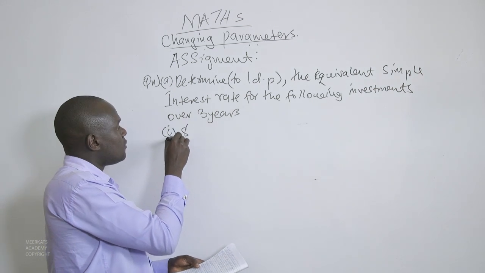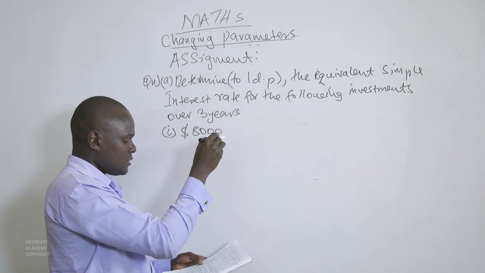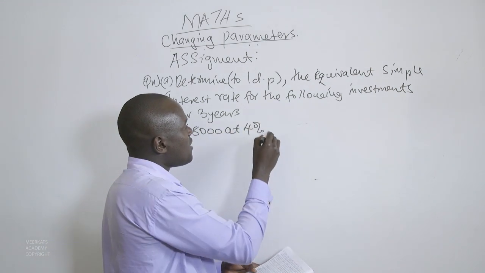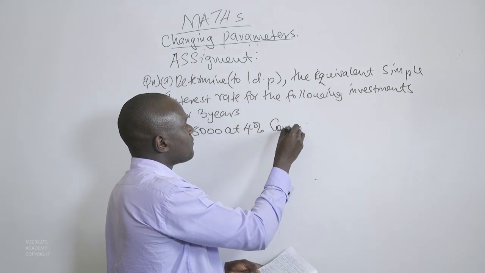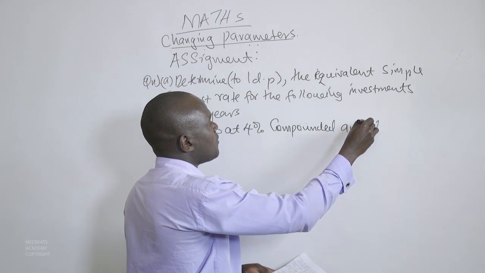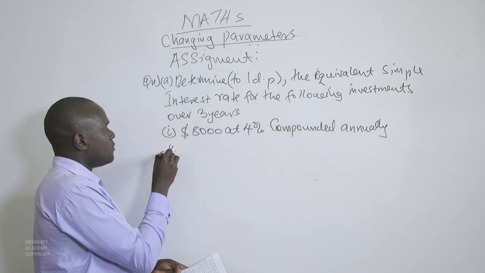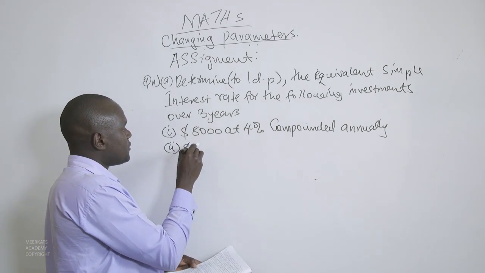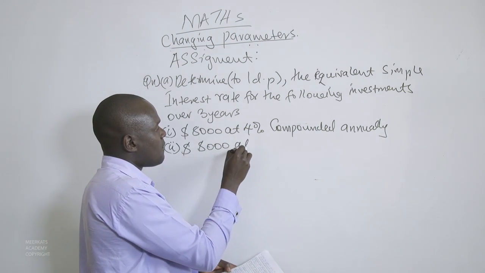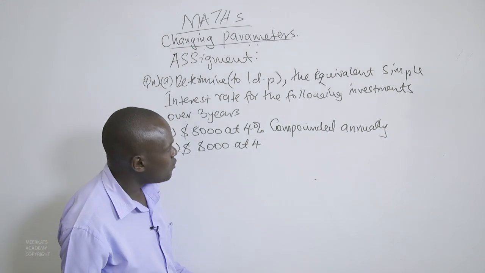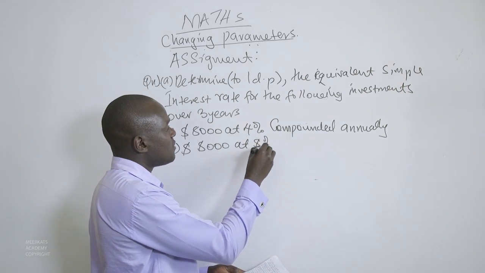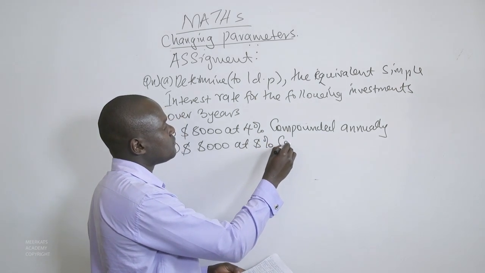Roman 1, $8,000 at 4% compounded annually. Roman 2, the same amount, $8,000, but at a double rate, which is 8%, compounded annually.